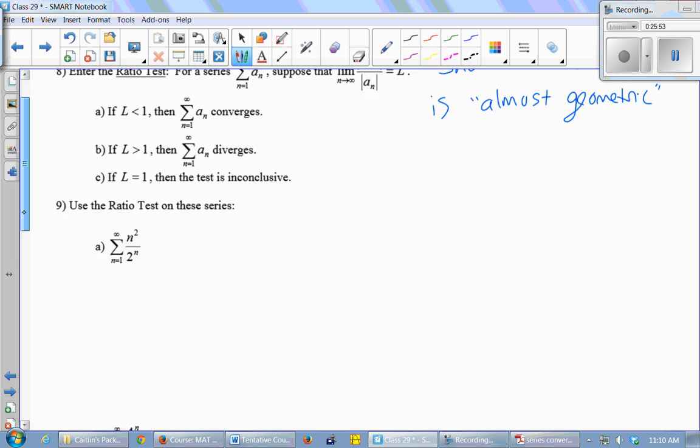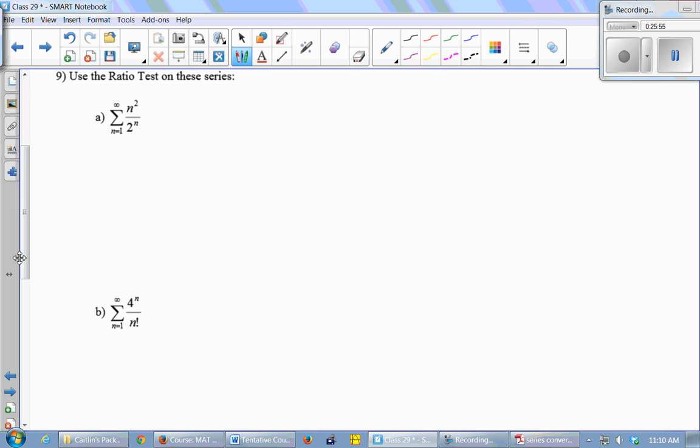So let's go back to this series that I was trying to do with the limit comparison test, where we kept getting inconclusive results. Now I'm going to use the ratio test. The ratio test says take the limit as n goes to infinity of the n plus first term divided by the nth term.